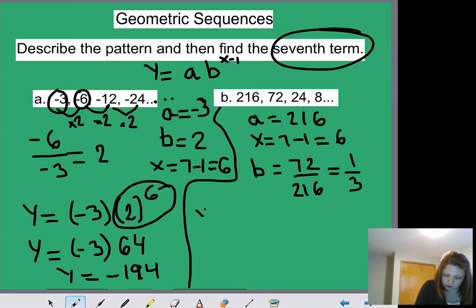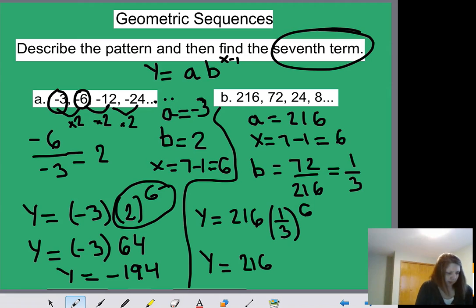Then we will substitute, so y is equal to a is 216 times b is 1/3 to the power of 6. We need to know what 1/3 to the power of 6 is equal to, and this is 1 over 729.